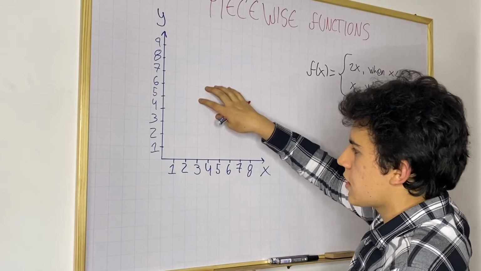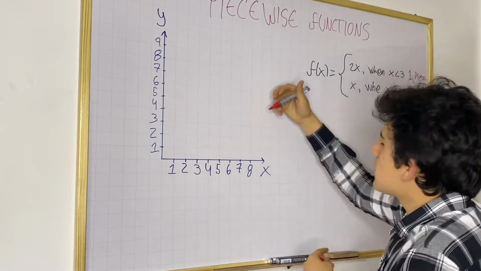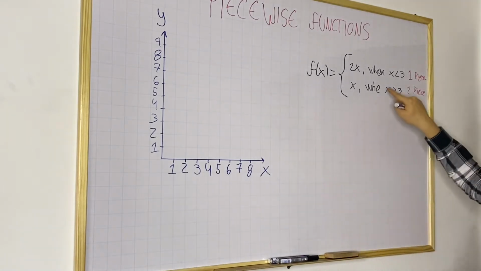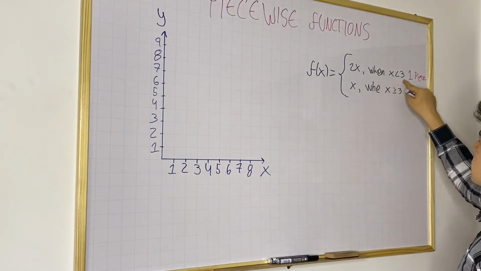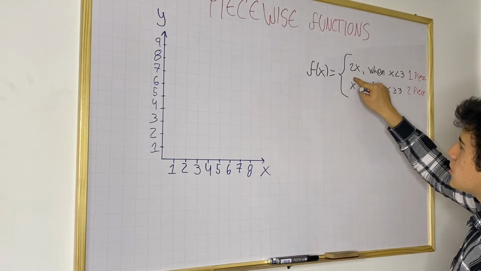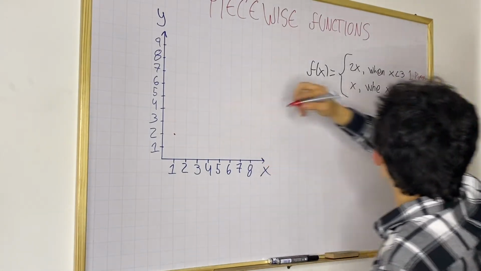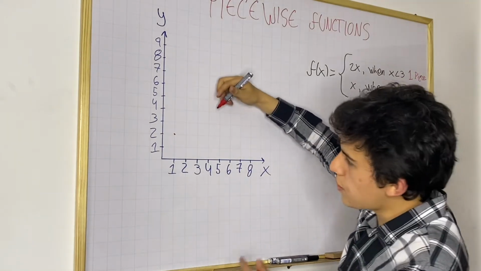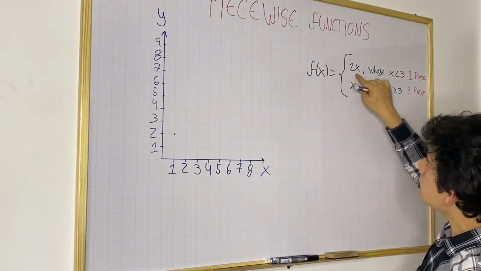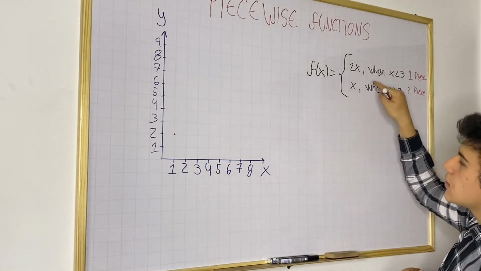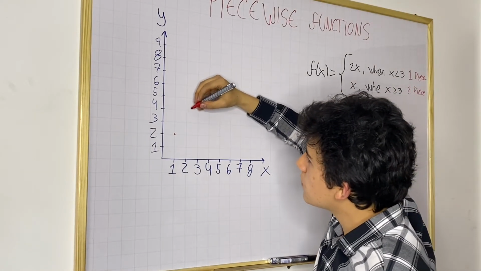Let's say 1, for example. 1 is smaller than 3, and we know the function we follow is 2x. So 2 times 1 gives us 2. What about 2? It's also smaller than 3 and will follow this function, because that x value satisfies this condition. So we will have 4, 2 times 2.